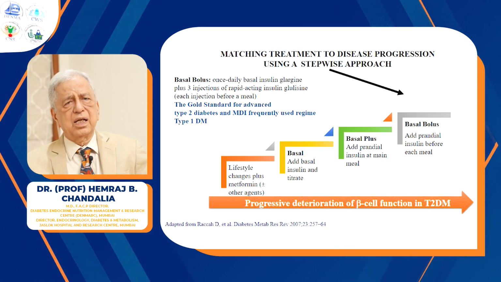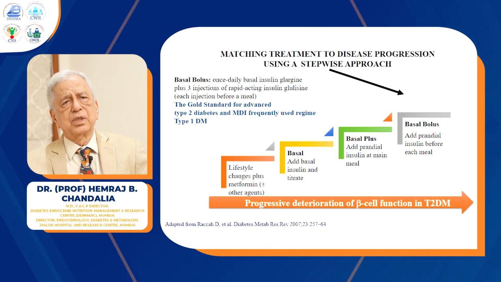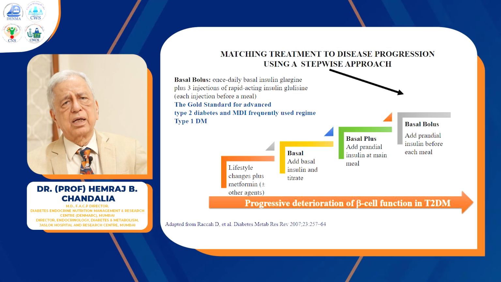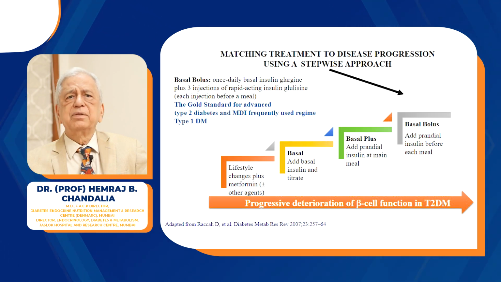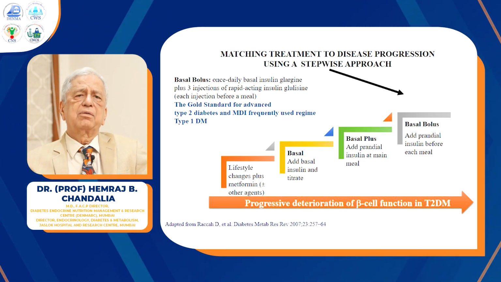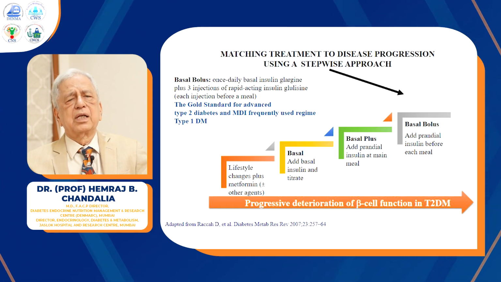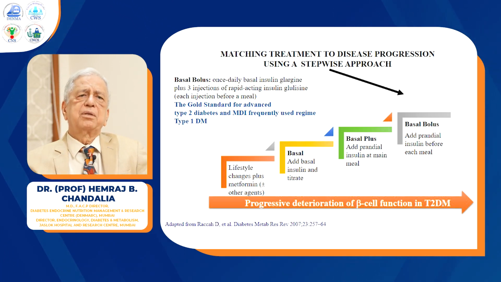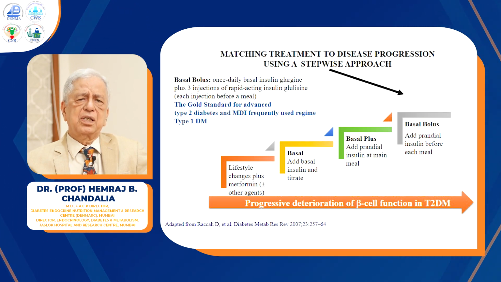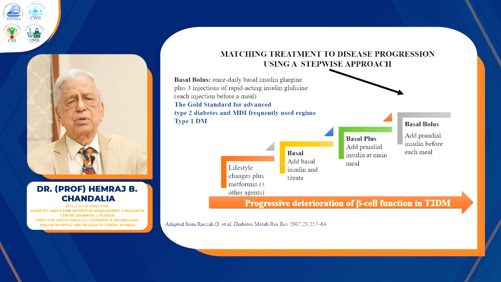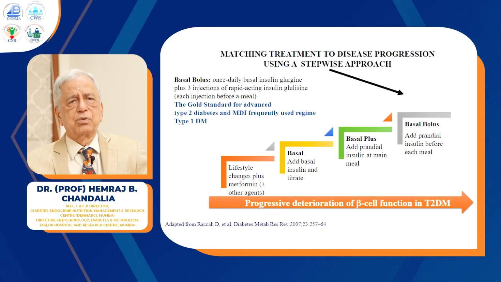You further escalate to 2 doses, with 2 meals coverage, and in the end, you may require the 3rd dose. In type 1 diabetics, sometimes you will right away go to the basal bolus plan because most of them are very difficult to control with any other regime. However, there are exceptions, and sometimes the patient under partial remission may respond to a single dose of insulin as well. But most of the time, you go straight to 3 doses.